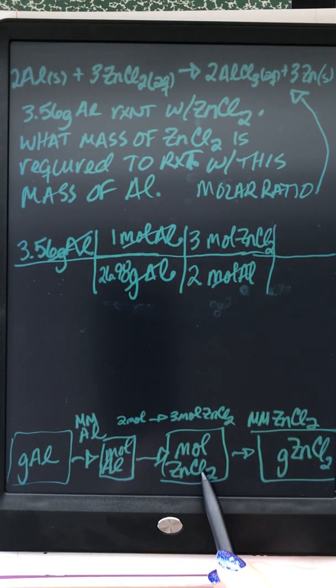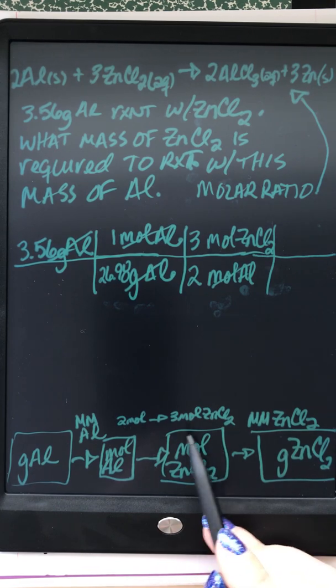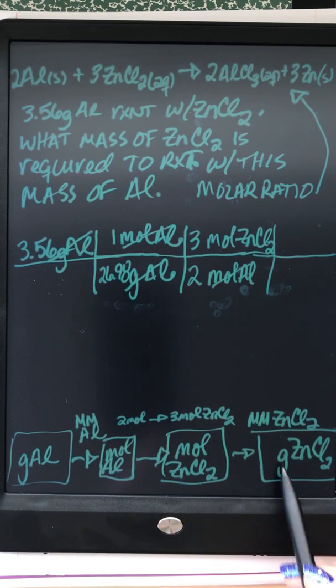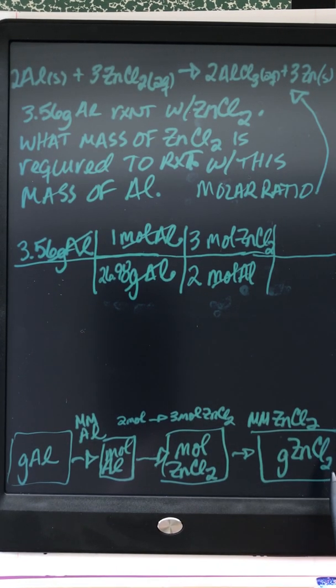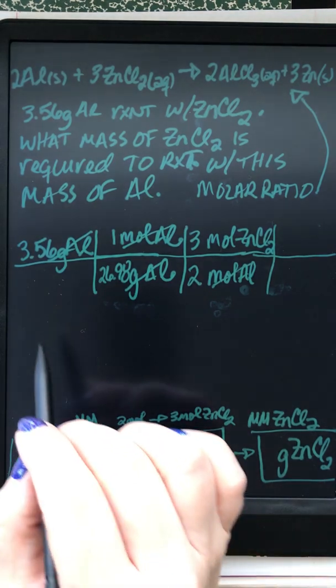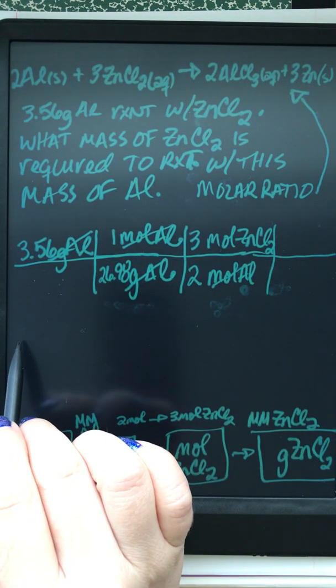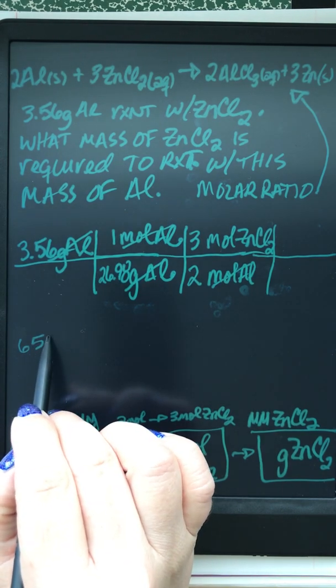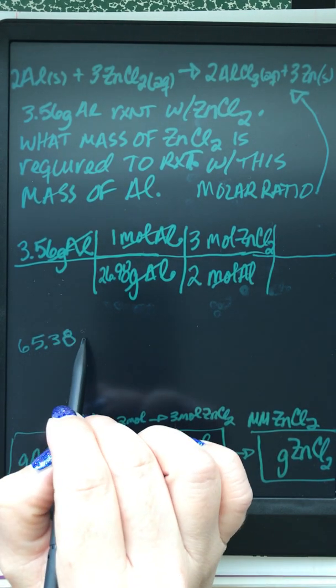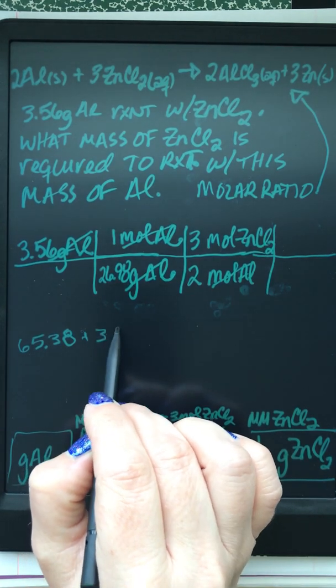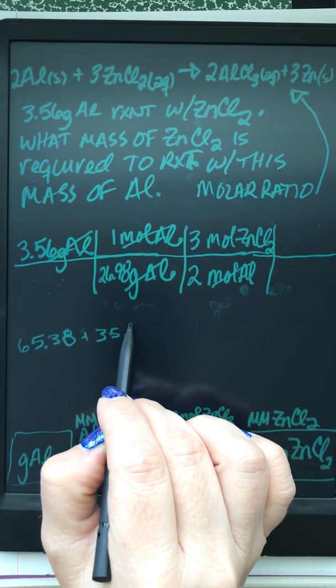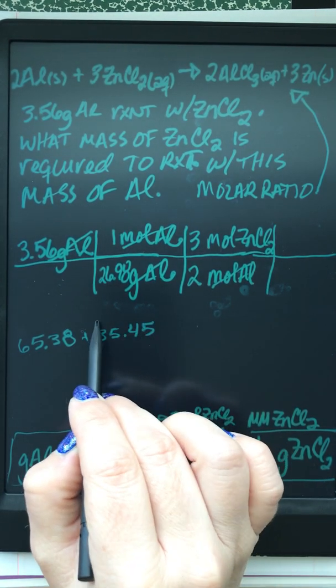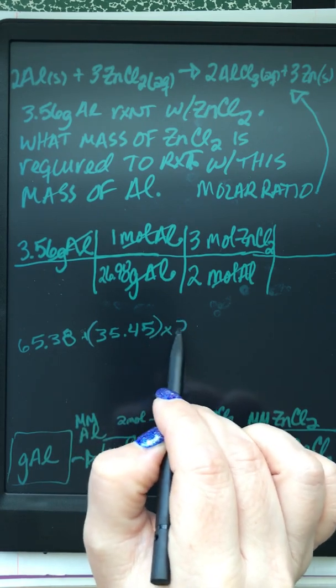And now we just need to make this last step from moles of zinc chloride to grams of zinc chloride. So here we'd need the molar mass of zinc chloride, which is the molar mass of zinc, 65.38, plus the mass of chlorine times 2.